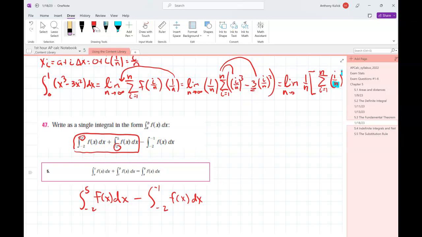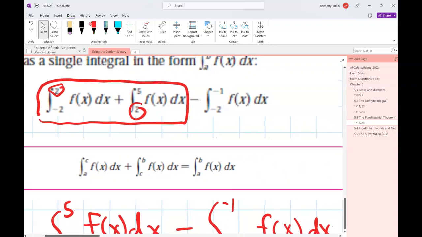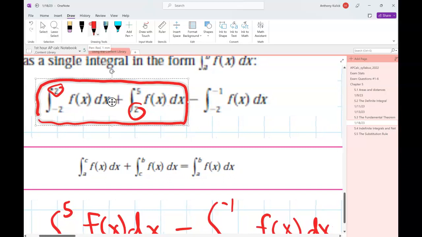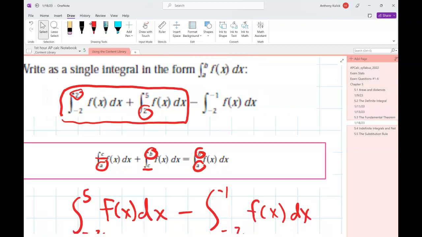Well, look at the equation here. I have the integral from a to c plus the integral from c to b becomes just the integral from a to b. So since those two are the same, I can just do the start of one to the end of the second. So that's all I did there.